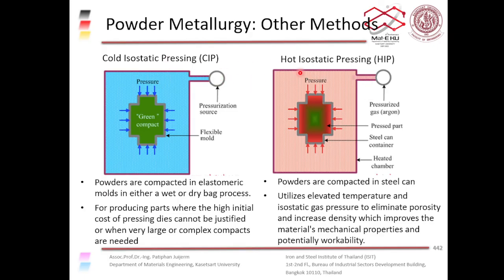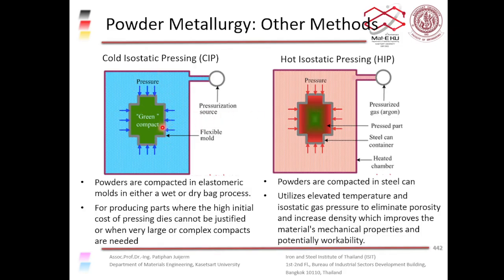These two techniques are very similar in that they use pressure to compress the workpiece, and the pressure is the same in all directions because we are using a flexible mold and using gas or liquid like water. So that's where isostatic pressing comes from. You're applying pressure in all directions, so that is isostatic pressure.